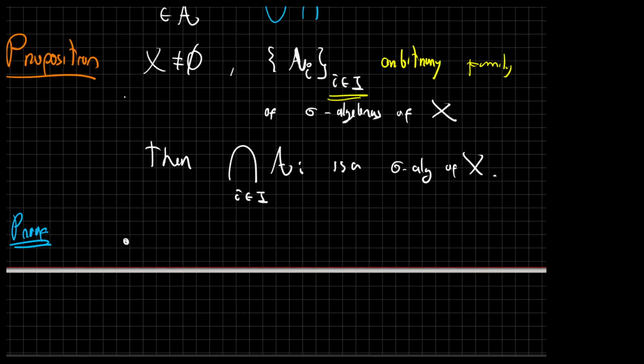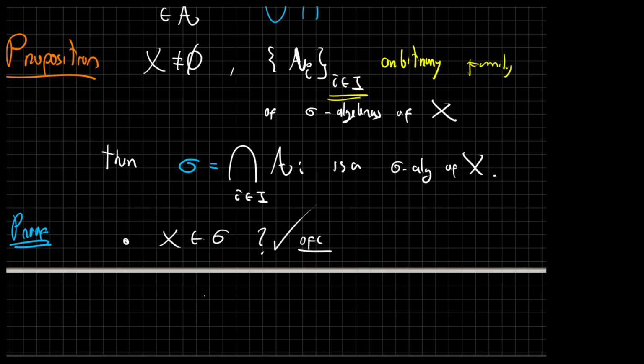First, let's call this just sigma to make things quicker. So is X an element of sigma? Well, of course, because X is an element of every sigma algebra, so it will be an element of these sigma algebras in particular.